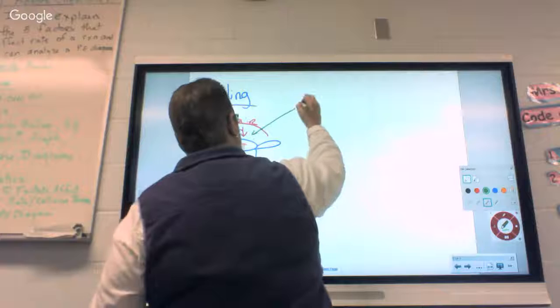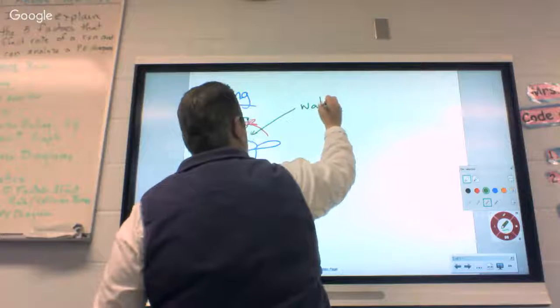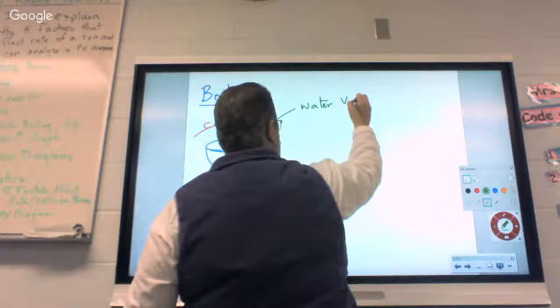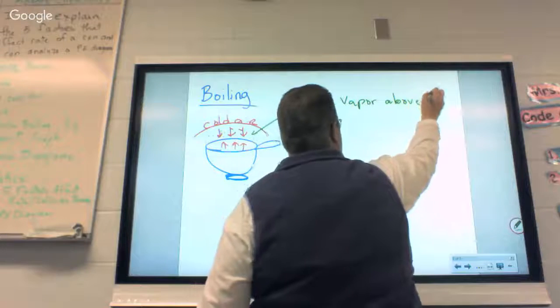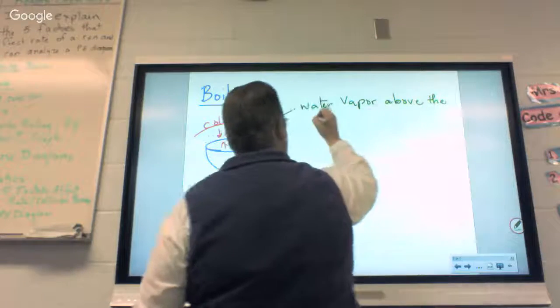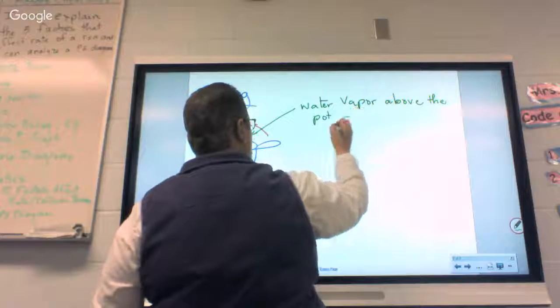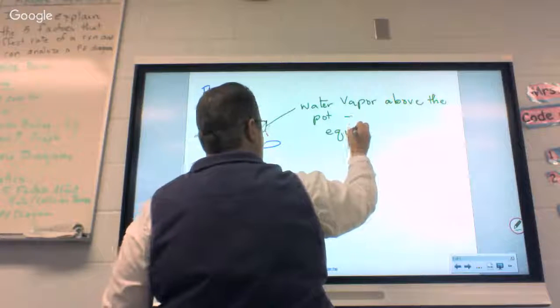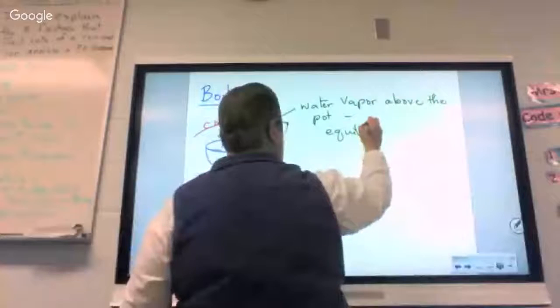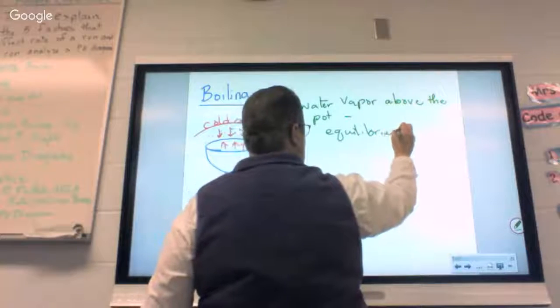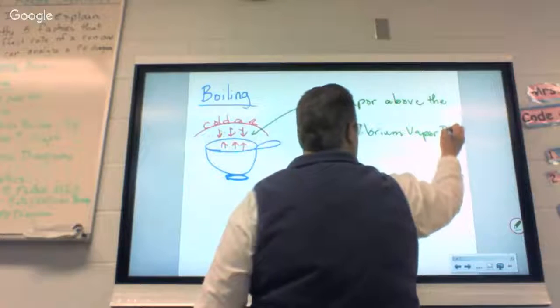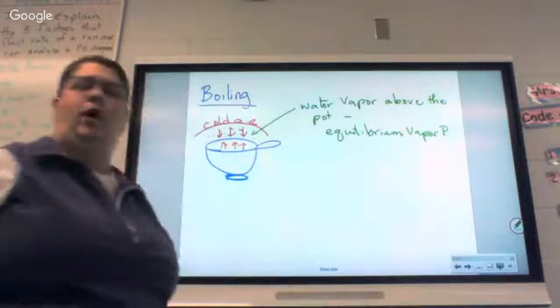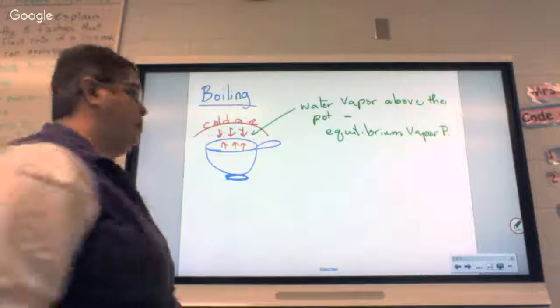Now, this water above the pot had a name yesterday. What was this water above the pot called? All right, the water vapor above the pot is called equilibrium vapor pressure. We're going to learn how to read a graph of that today, which is why I'm going back over it. Okay, it's called equilibrium vapor pressure.